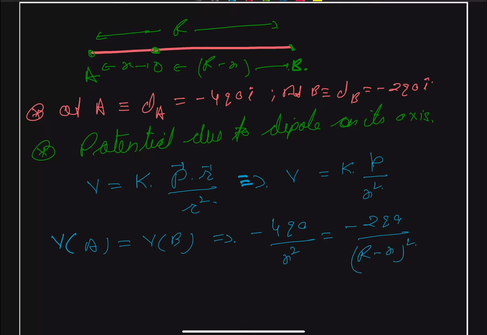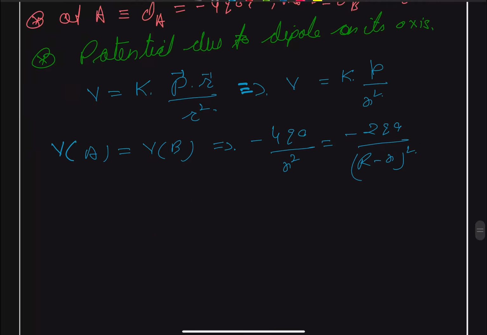And now it's quite simple. It will be just a quadratic equation and we can just solve it. So we get 2 upon x square is equal to 1 upon R minus x whole square, which gives us 2 times R minus x whole square is equal to x square.